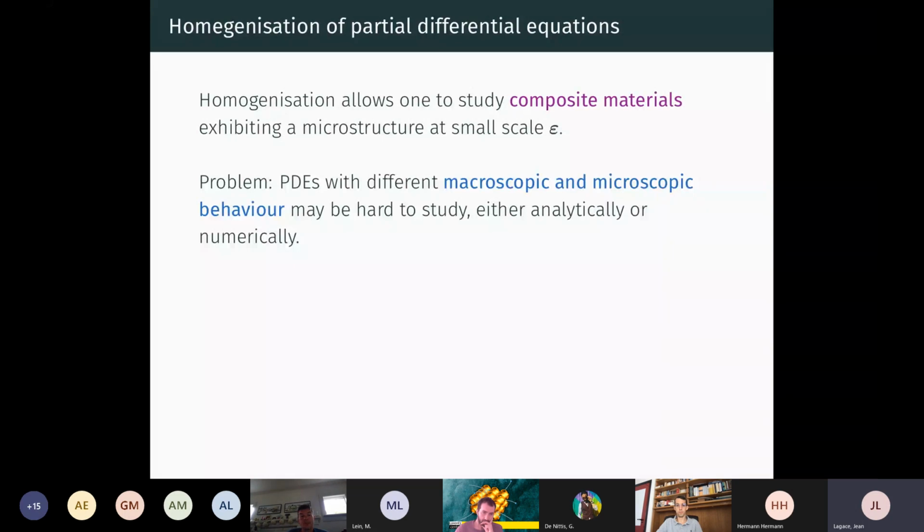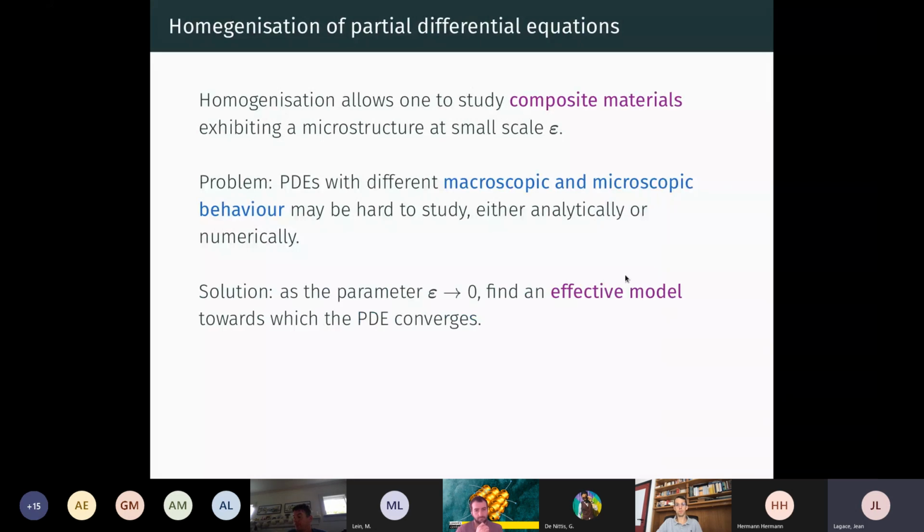And since we cannot ignore any of the behaviors, we have to treat both of them at the same time. And the solution usually is to find, as the parameter epsilon goes to 0, an effective model towards which the PDE converges, and use that effective model in order to study the original PDE with a small epsilon.